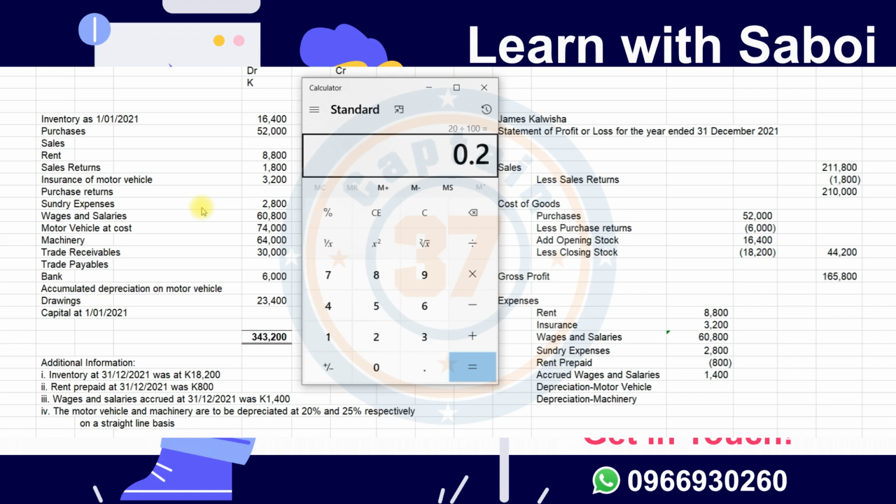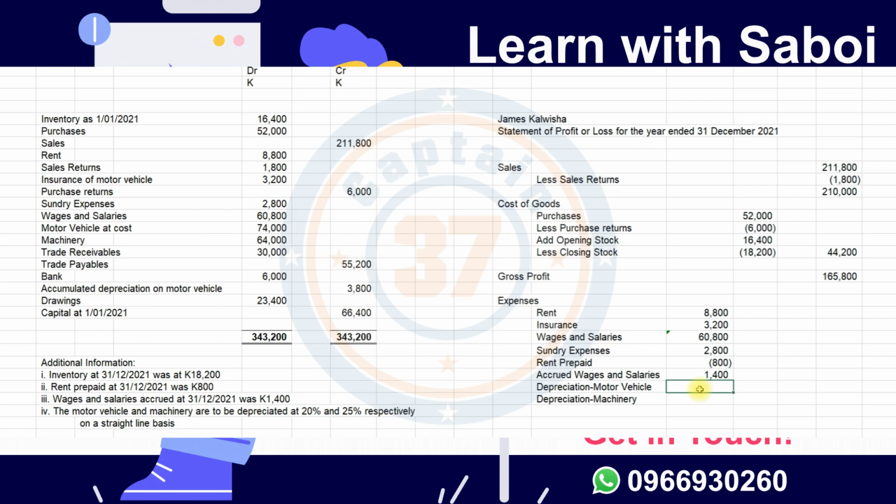I'm making it really simple, and you multiply this by the value of the motor vehicle, which is 74,000. What do you get? You get 14,800 as the depreciation for motor vehicle. So that's what you're going to write here, 14,800, like that.